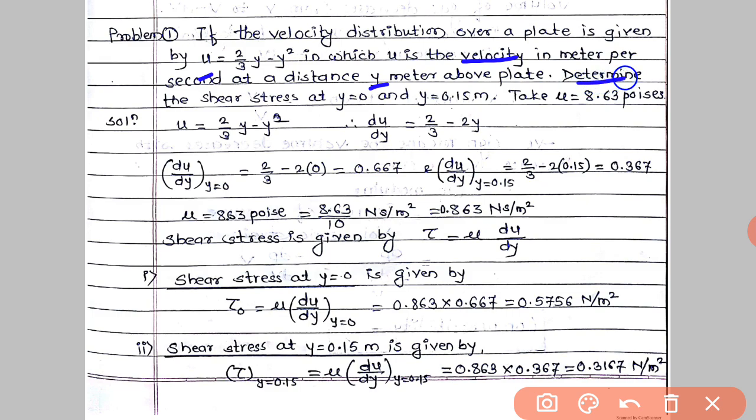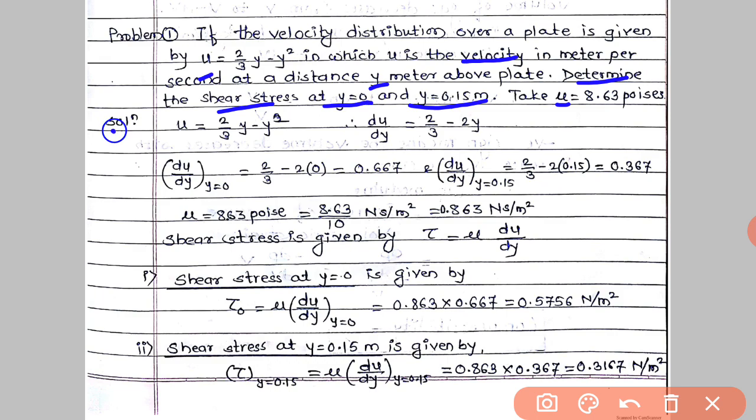Determine the shear stress at y is equal to 0 and y is equal to 0.15 meter. Take the value of mu, the dynamic viscosity, as 8.63 poise.